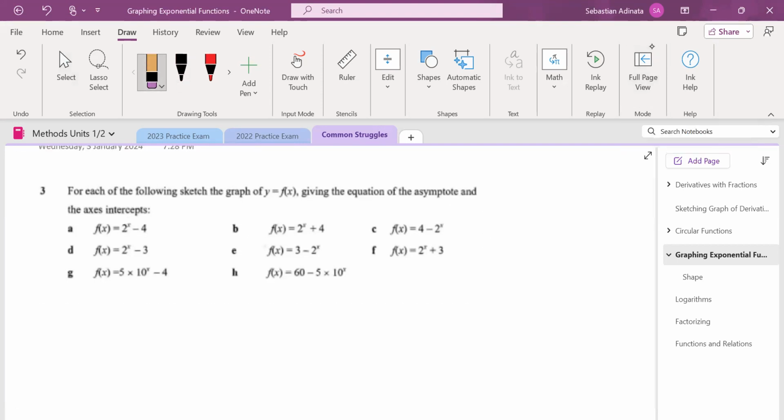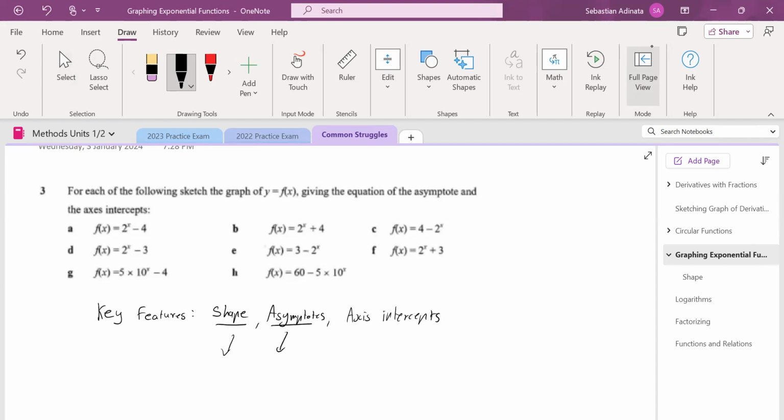So the key features of a graph of an exponential are the shape, asymptotes, and axis intercepts. The first two are the most important because every exponential has a shape and has an asymptote.